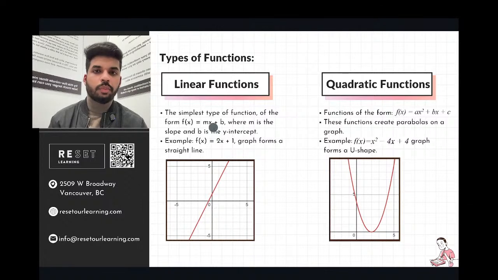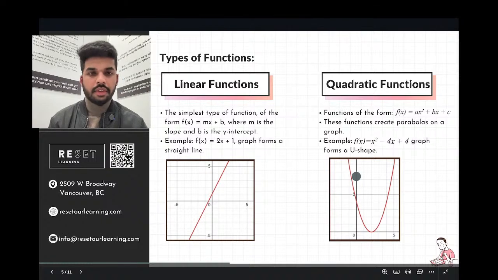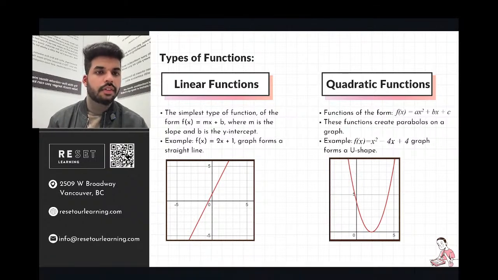There's nothing written, so we assume there's a 1 here, a power of 1. That's what we call degree. And this is degree 2. That's how we tell it's a quadratic equation. As I said, this is called a parabola, a U-shaped graph. And there's a way to graph this function, which we'll talk about in more detail.